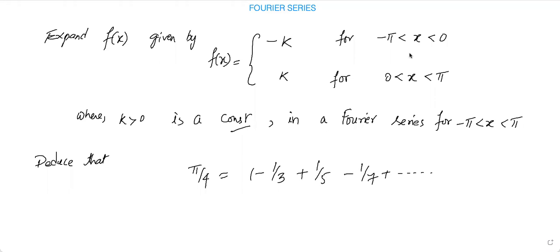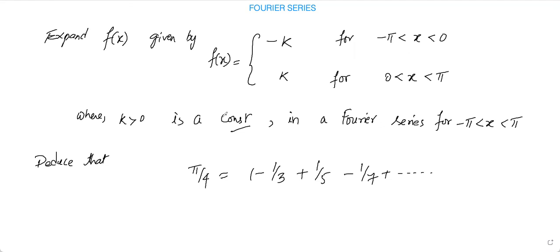Let's solve some problems on Fourier expansion. Let us expand f of x, given by f of x equals minus k and k for the interval minus pi to pi, where k is greater than 0 and is a constant, in a Fourier series over the interval minus pi to pi.